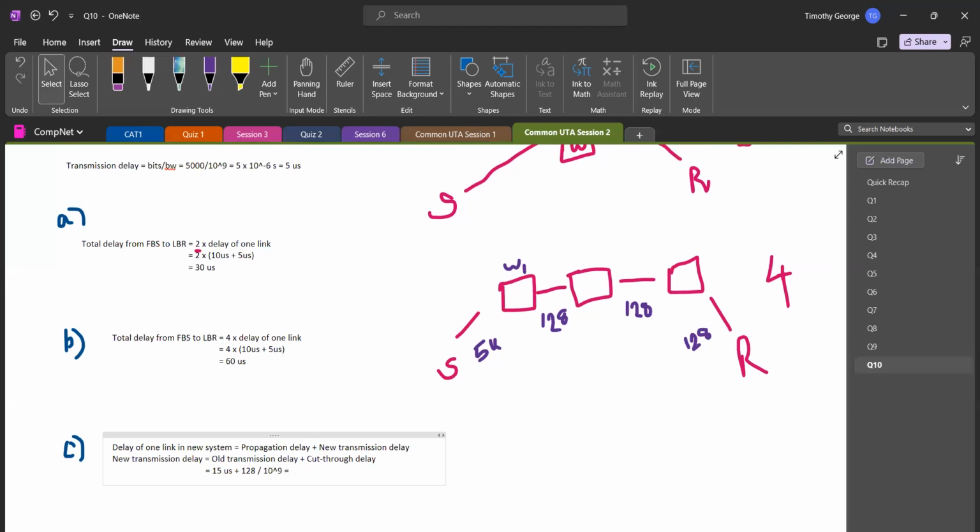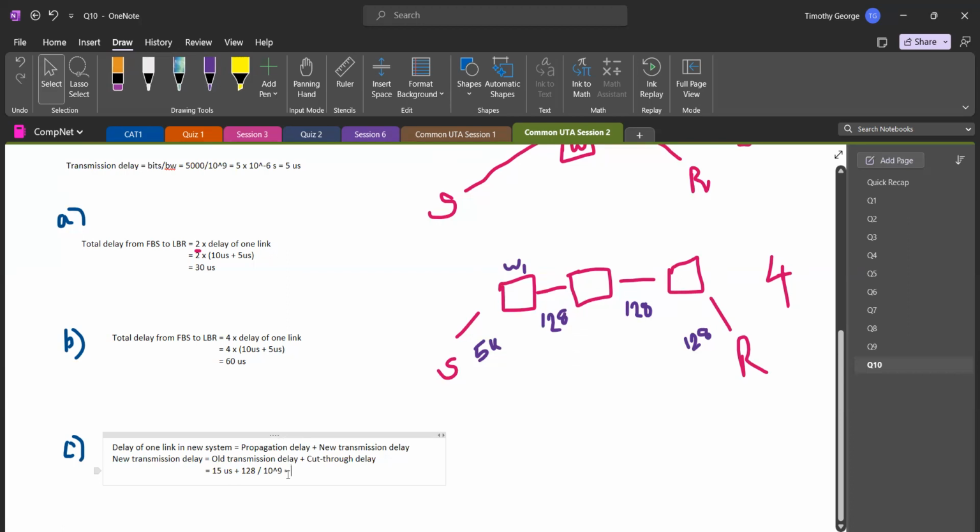How much will that give us? So it's actually 15 plus 0.128. Oh, so no, it's a conversion between micro. So micro is 10 raised to minus 12 and 10 raised to 9.